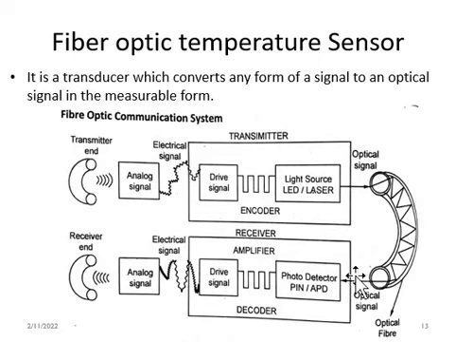The receiver receives the transmitted signal, decodes and amplifies it, and that amplified signal is displayed, or we can even have printouts, whatever it can be.